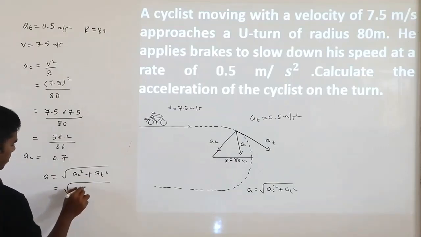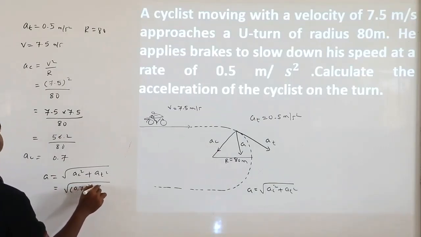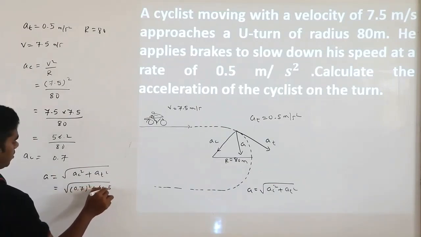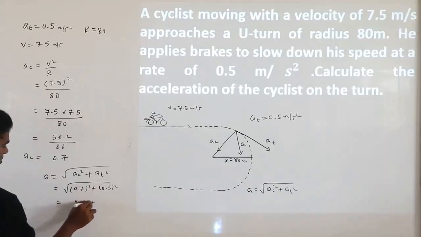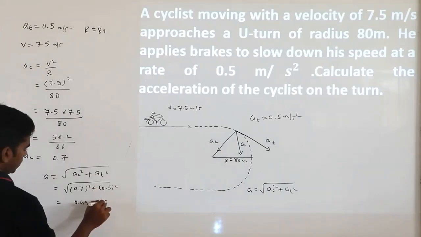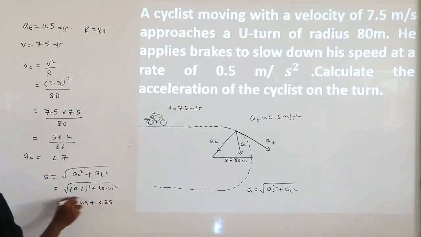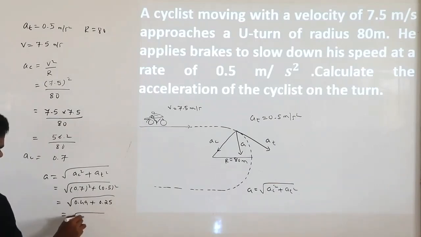Centripetal acceleration is 0.7 squared plus 0.5 squared. 0.7 squared is 0.49, plus 0.25. So the square root of 0.74, which is approximately 0.8.